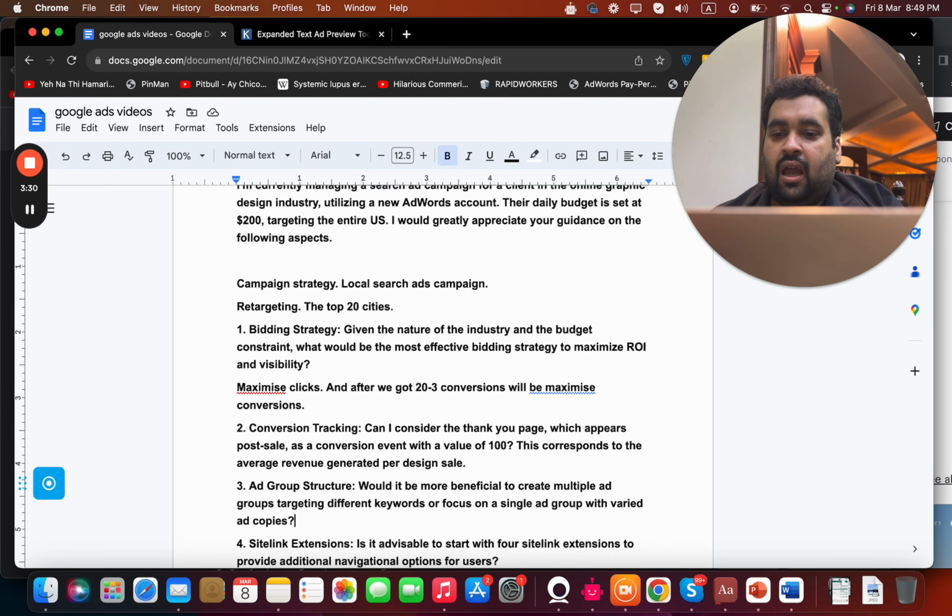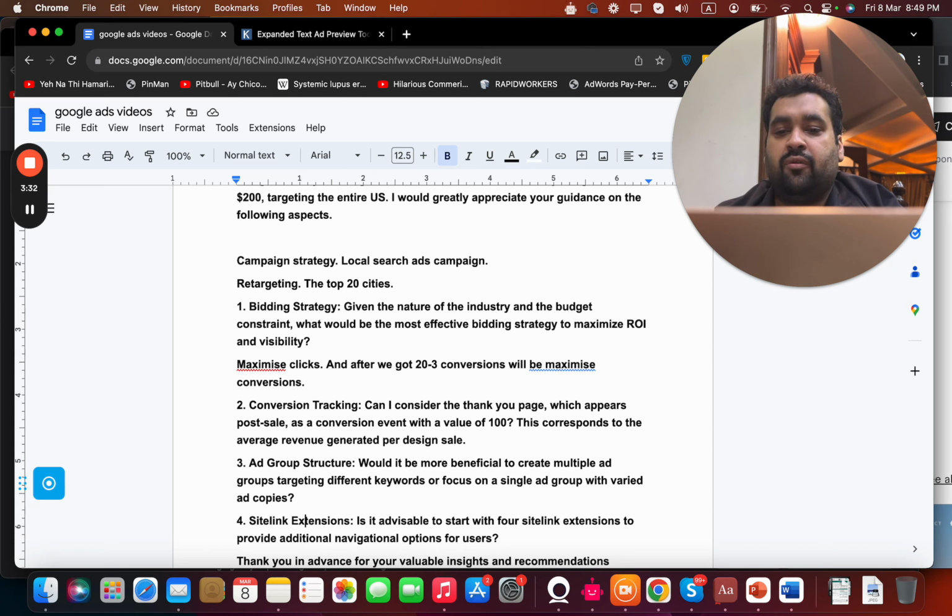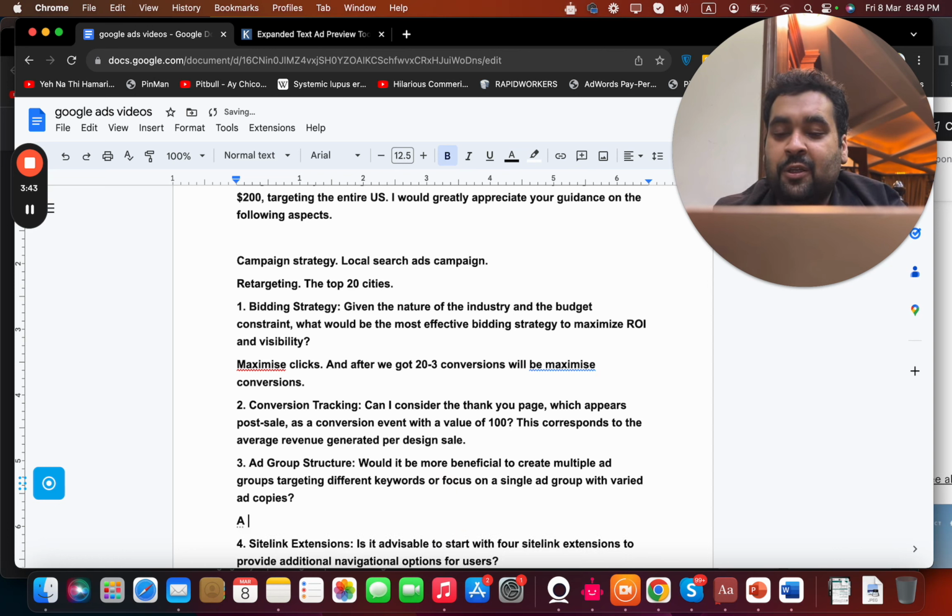Number third is ad group structure. Would it be more beneficial to create multiple ad groups targeting different keywords or focus on a single ad group with varied ad copies? So my recommendation first of all is a big no to a single ad group. Okay, I believe that with every keyword the intent is different. The user has a different mindset in his or her mind when making a particular search query on Google. So the intent differs.